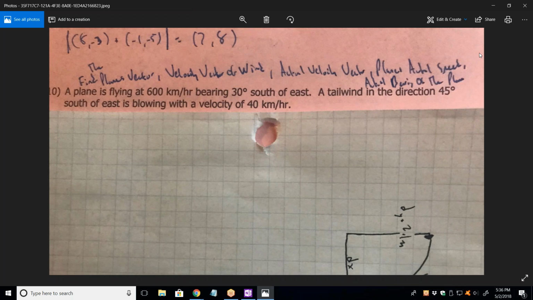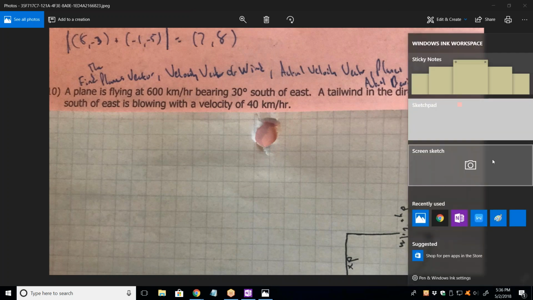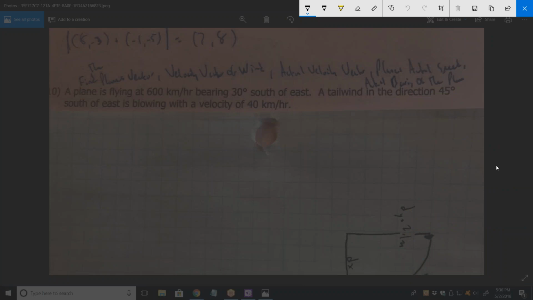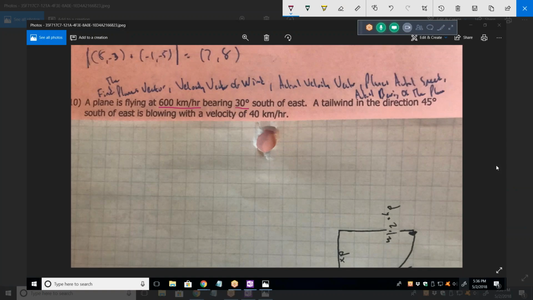So the plane, that's its magnitude. Hold on, let me take a picture of this so I can draw on it. So that's its magnitude. That's its bearing. I'll draw it separately here.